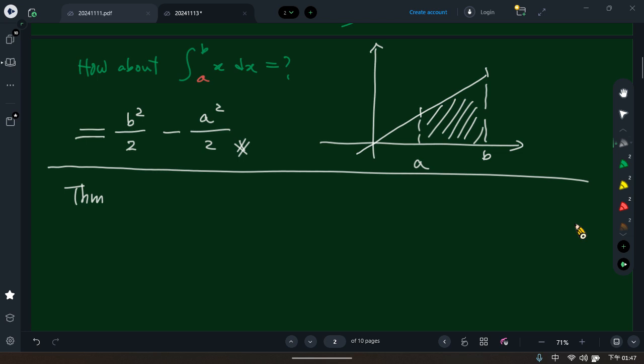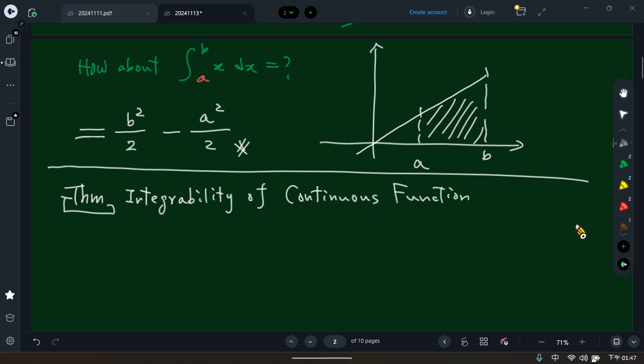So let's continue to introduce the integrability of continuous functions.